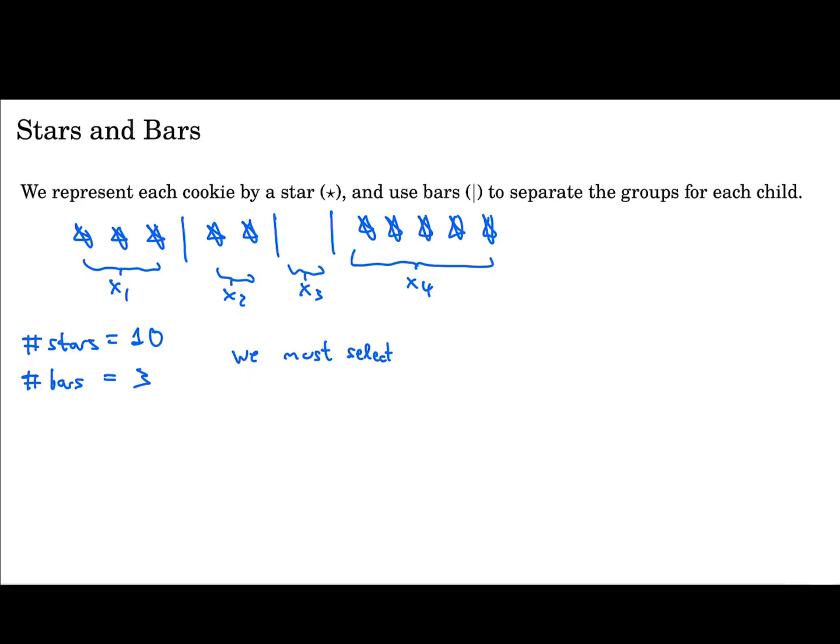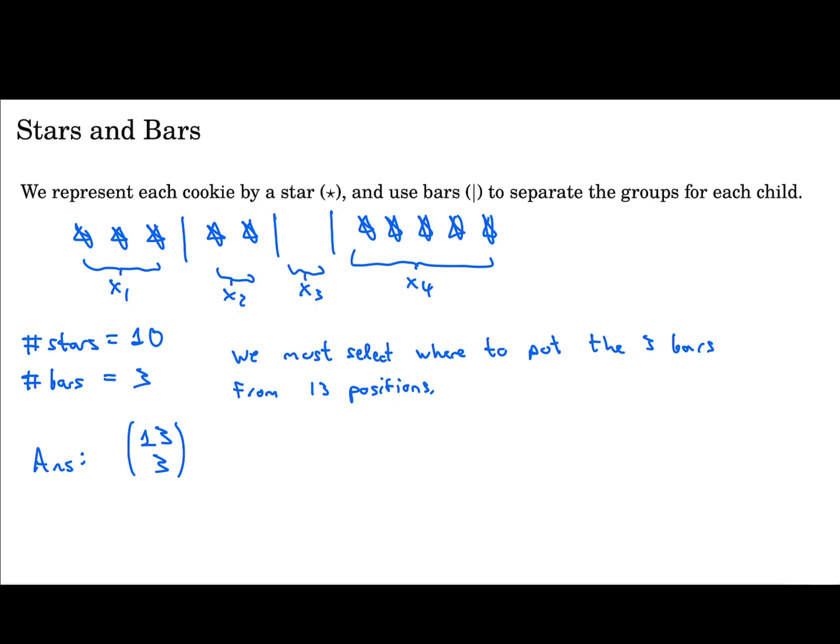Let's say we must select where to put the 3 bars from 13 positions. So how many ways can we do that? The answer is we have 13 positions and we choose 3.